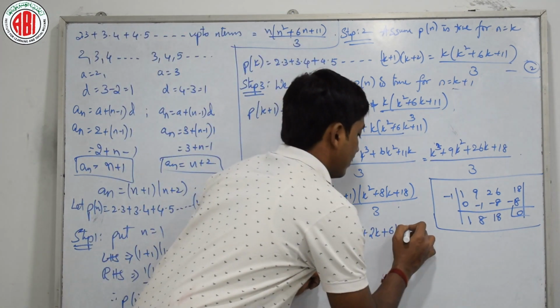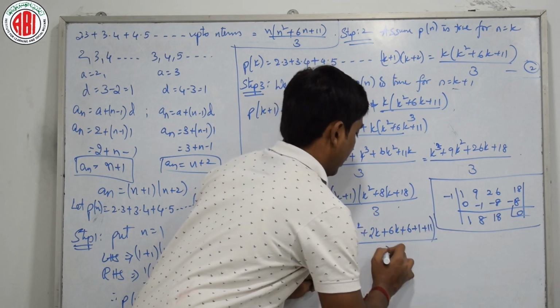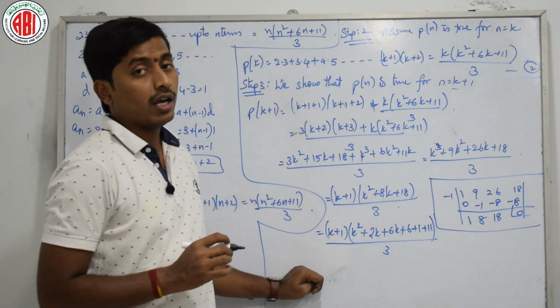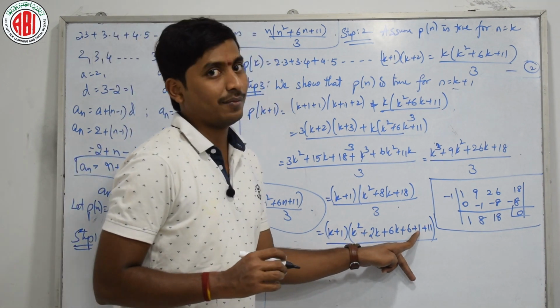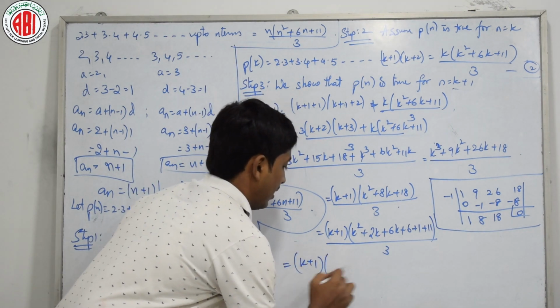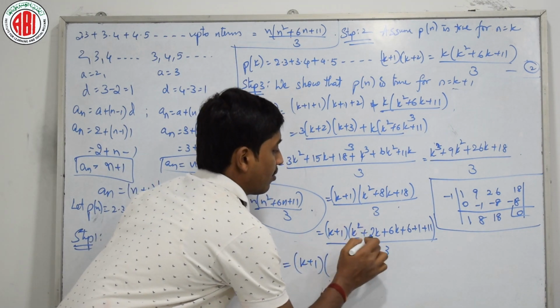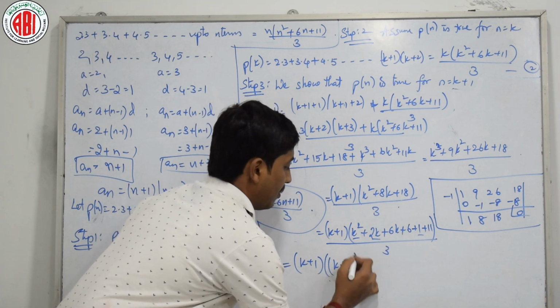Let us write it as plus 6 plus 1 plus 11 whole divided by 3. Okay. Now if you observe, k square plus 2k plus 1, that is nothing but k plus 1 whole square. k plus 1 will be as it is, inside k square, 2k and 1. These three terms combine to form k plus 1 whole square.